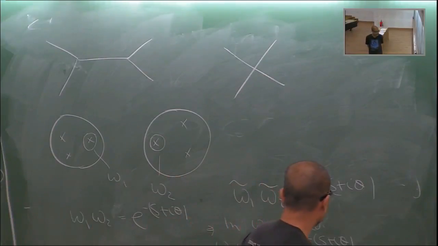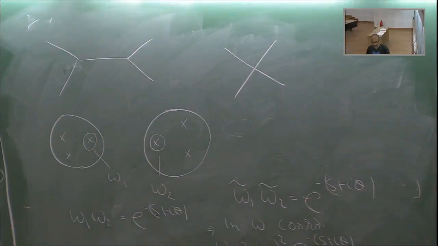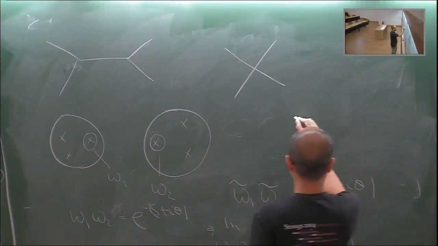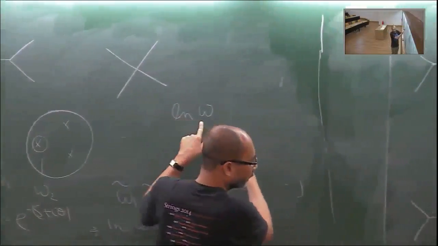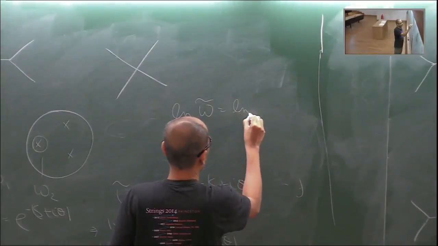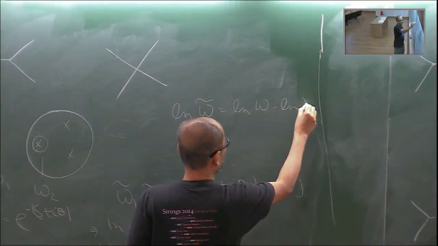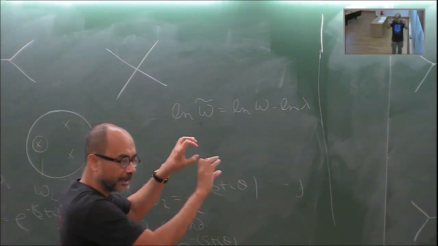It's called stub because there is another description instead of using the W coordinate, right? If you use this log W, then the relation between log W and log W tilde is like log W minus log lambda. So there you have gone from the plane to the cylinder picture, right?